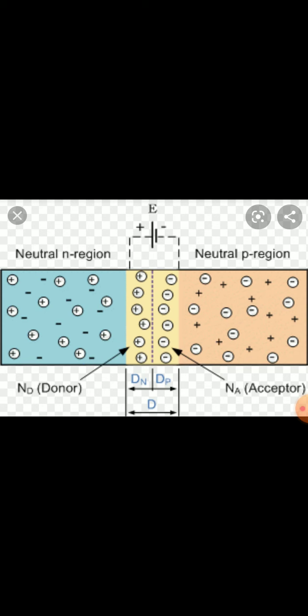The free electrons from the negative terminal continue to enter the N region. When the free electrons in the N region move towards the junction, they travel through the N region as free electrons, so current in the N region is by free electrons. The negative terminal of the battery is connected to the N type and repels the free electrons towards the junction. Free electrons combine with holes and become valence electrons.